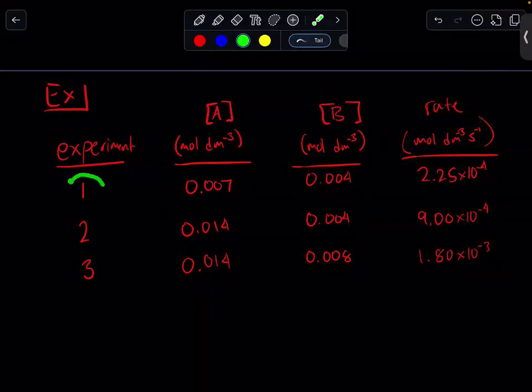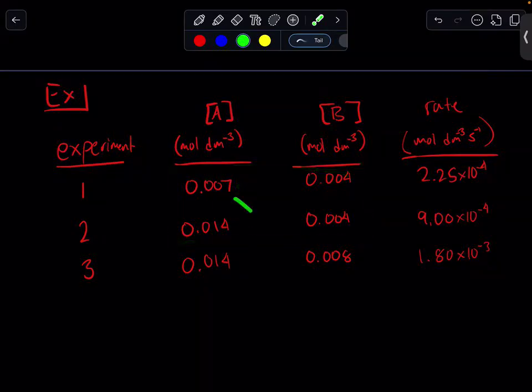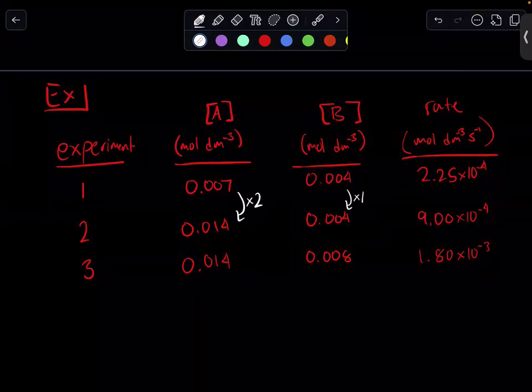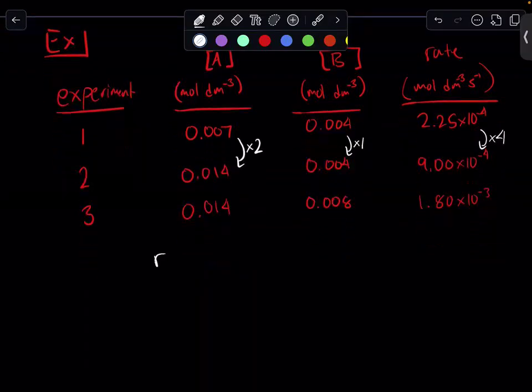And we noticed between 1 and 2, the only thing we changed in our reactants is we doubled A. When we doubled A, we now look over at our rate. 2.25 to 9.0 is times 4. So we notice here that when this is times 2, this is no change. So we could just say times 1. This becomes times 4. That shows me a squared proportionality. So rate is proportional to A squared.